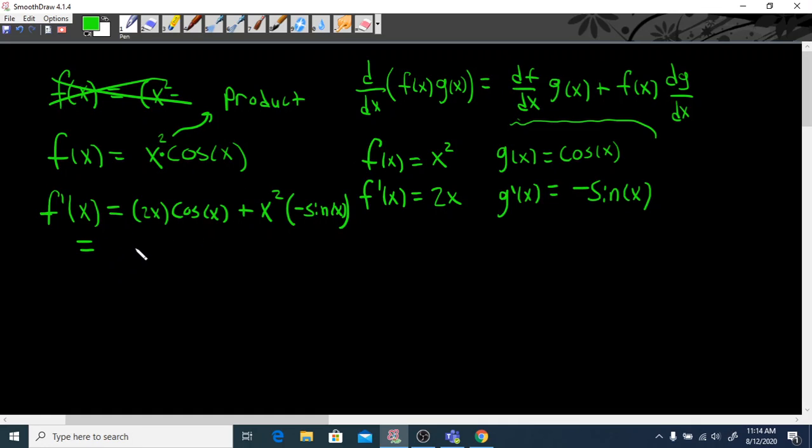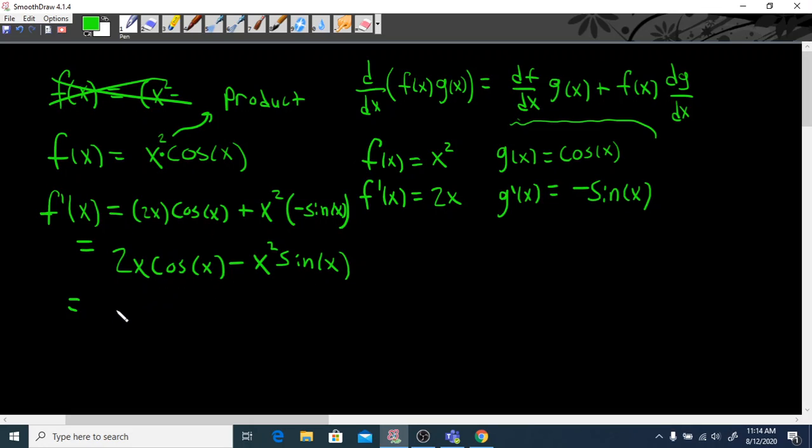And now I'm just going to clean up anything that I can and write it in a way that's a little more cohesive. 2x cosine x. And then we have a plus and then a negative here. So this is going to be actually a minus x squared sine x. Okay? So this is perfectly fine. You may also see something like this.